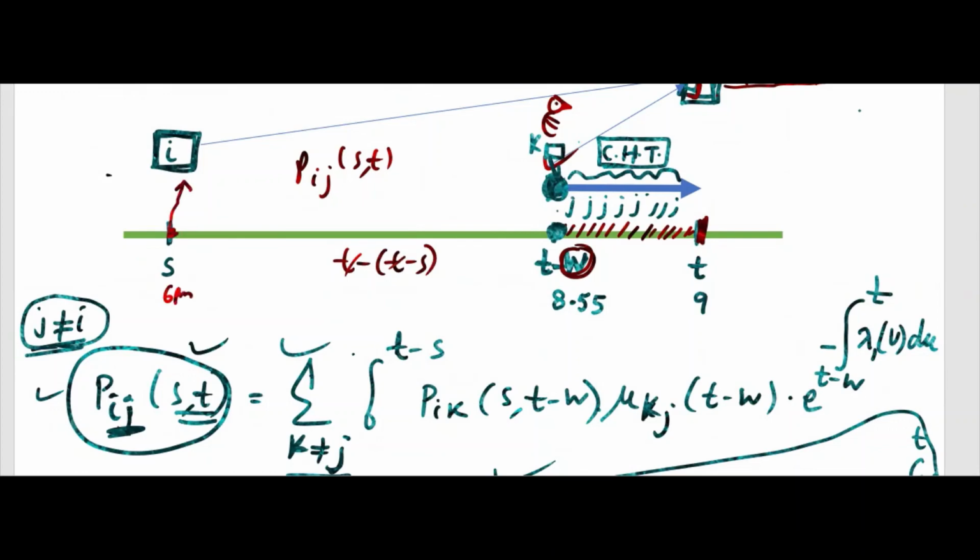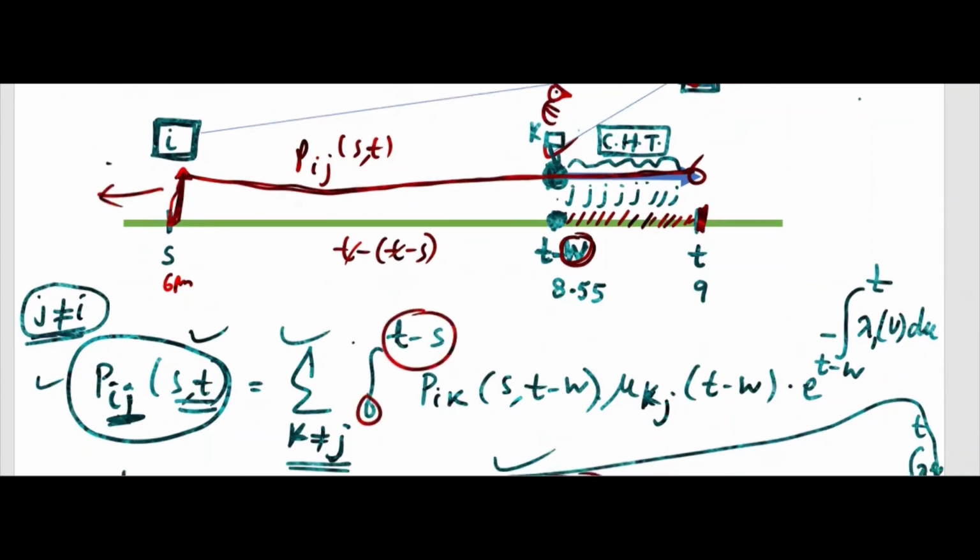Immediately I will make a transition to the state I have to go. I will wait 3 hours and I will be here. So this is my current holding time. Okay, that is the maximum, because I'm here. At best I can make a transition now. I can go to past. That's what here. So 0 to T minus S.